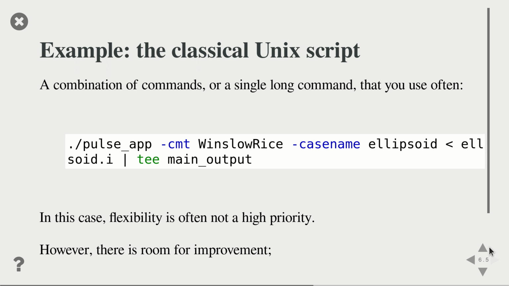It was a simulation model, and it took a few arguments. It took 2 command line arguments, -CMT, which I just hard-coded to Winslow Rice. It also took a case name, in this case just called ellipsoid. And then as a standard input, it also took an input file.